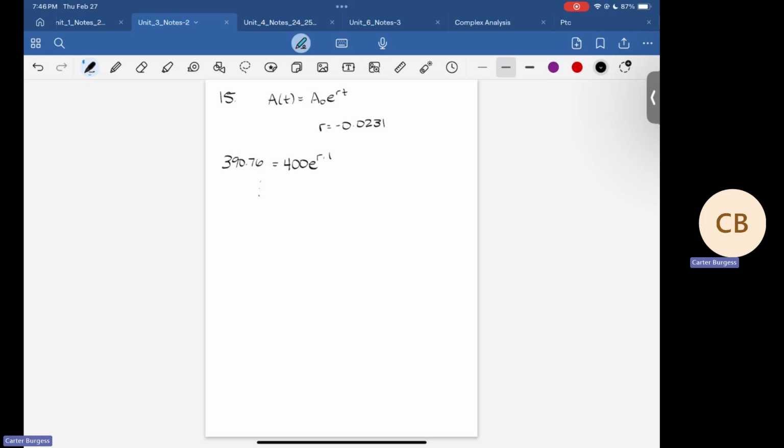And okay, then we would solve for r. I will leave as an exercise to the reader to confirm that that r value would be the ln of 0.9769. And you could use either of these r values. These are both good.